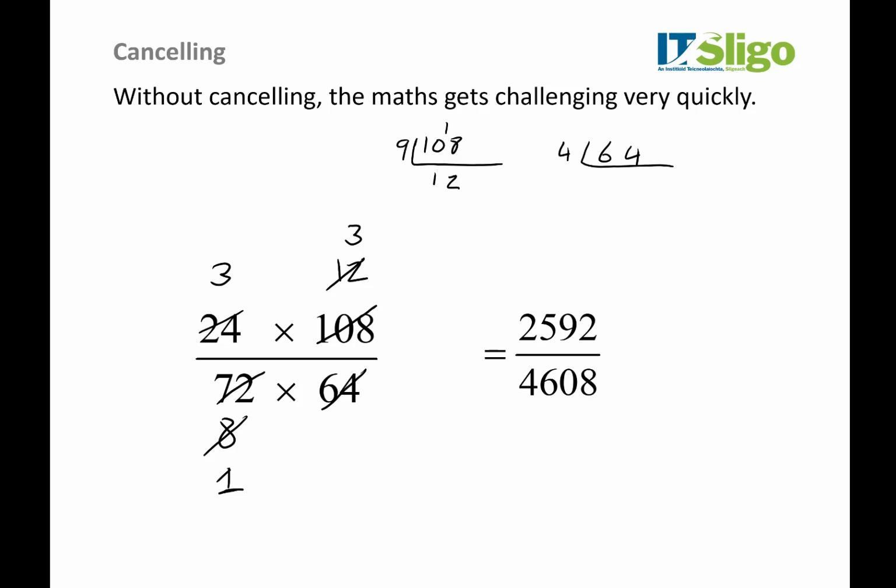Always be careful guys, just take your time. It doesn't take that long. So now guys, my problem has actually simplified down to 3 by 3 on top over 1 by 16. And that gives us 9 over 16.